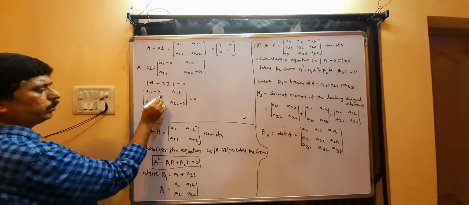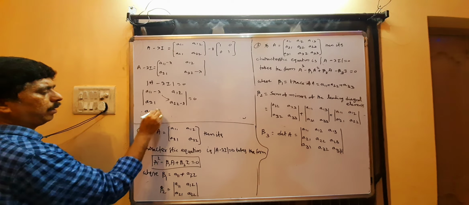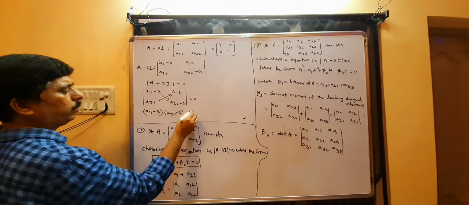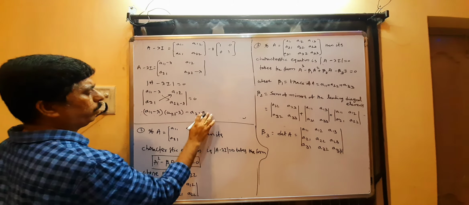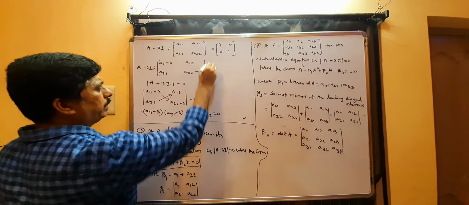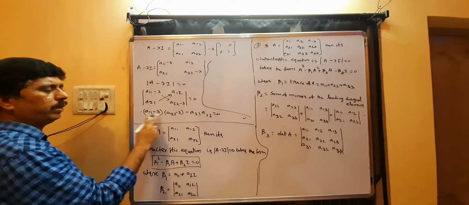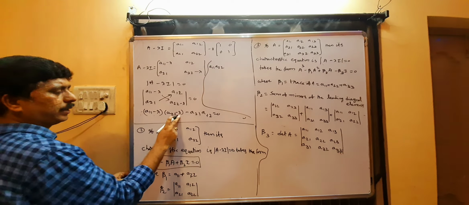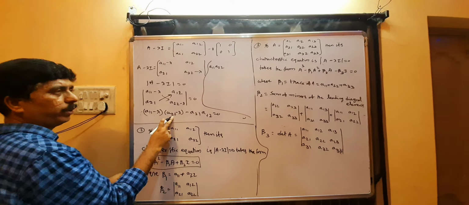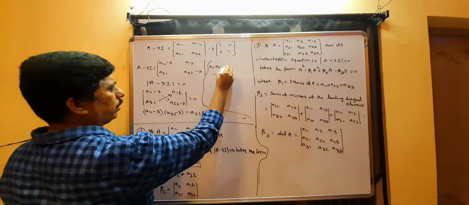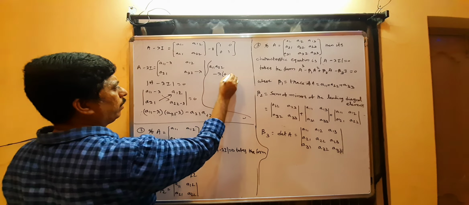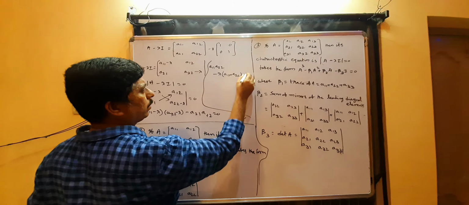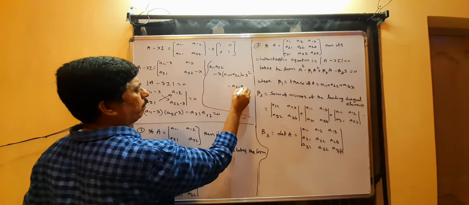Then, finding the determinant, we get (A11 minus lambda) into (A22 minus lambda) minus A21 A12 equal to 0. Expanding this, we get A11 into A22 minus lambda into A11 minus lambda into A22, that is minus lambda into (A11 plus A22), minus into minus plus lambda square, minus A21 A12 equal to 0.